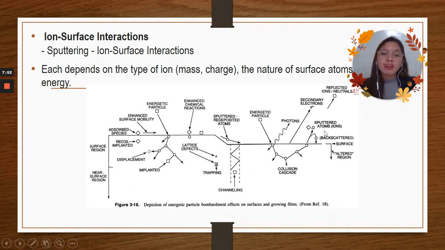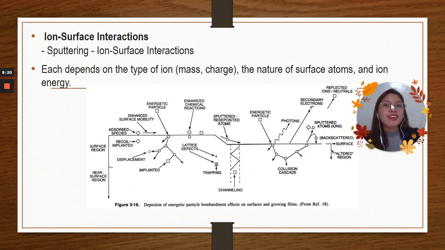We also have sputtered ions or atoms, backscattering, surface altered region, collision cascade, channeling, trapping, lattice defects, implanted atoms, displacement, and recoil implantation. All these things depend on the type of ion, its mass or charge, the nature of the surface atoms, and the ion energy.